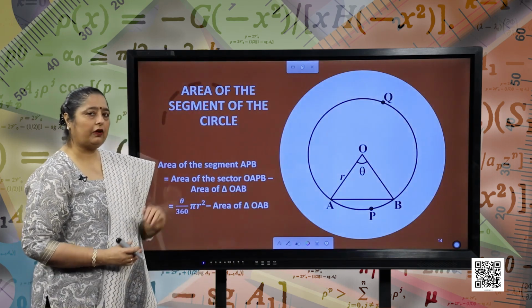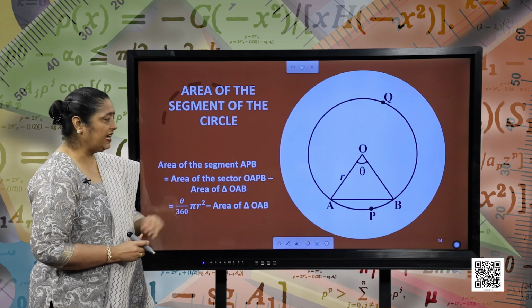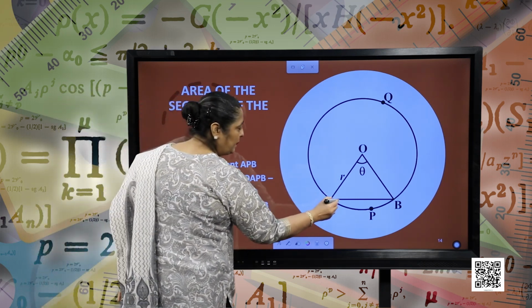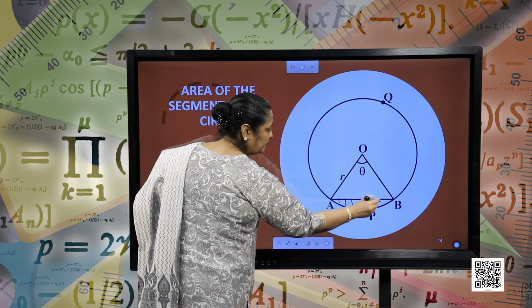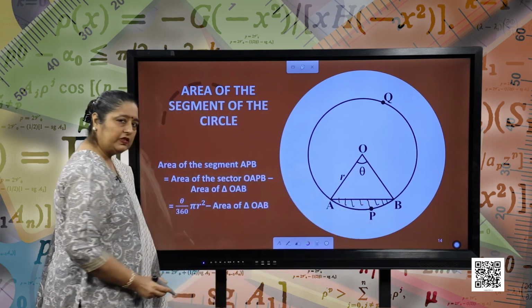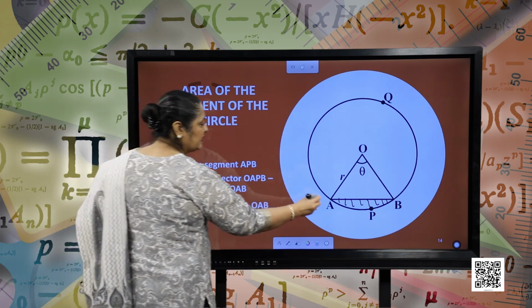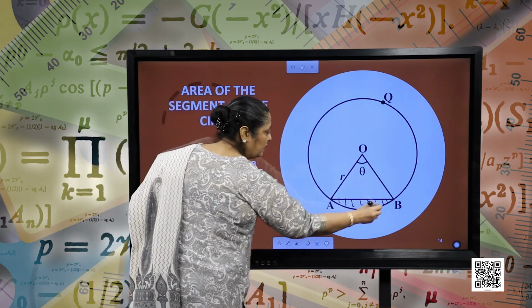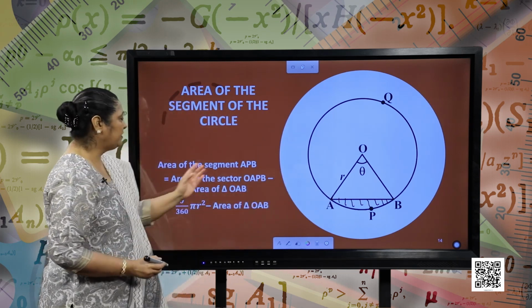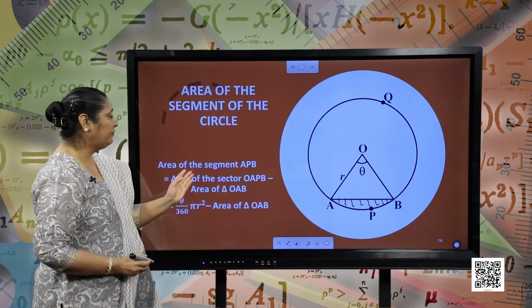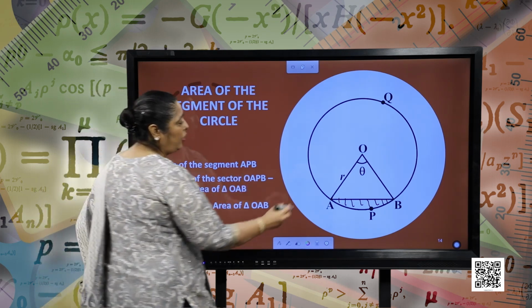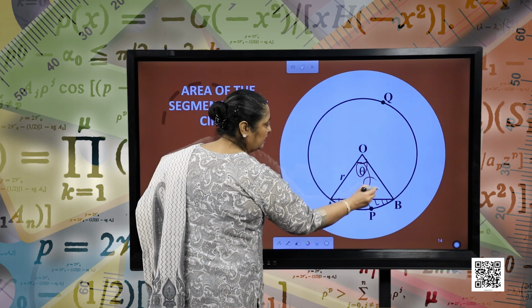Area of the segment of the circle. We are going to start with the area of the segment APB. The area of the sector is AOB. This is the sector. So, the area of the segment APB will be the area of the sector OAPB minus the area of this triangle.